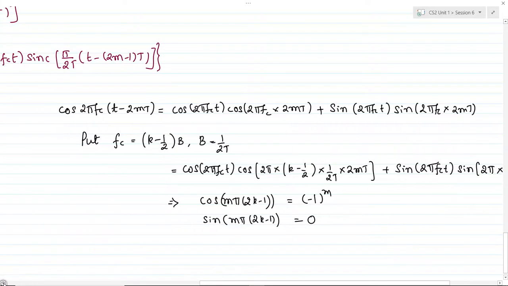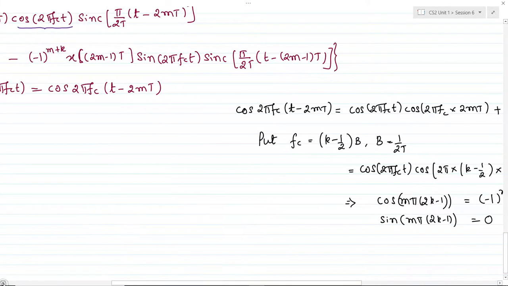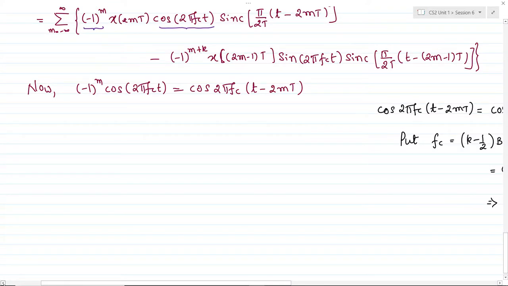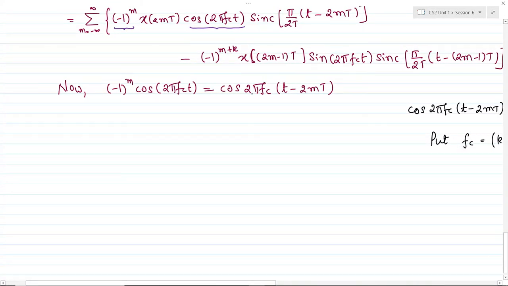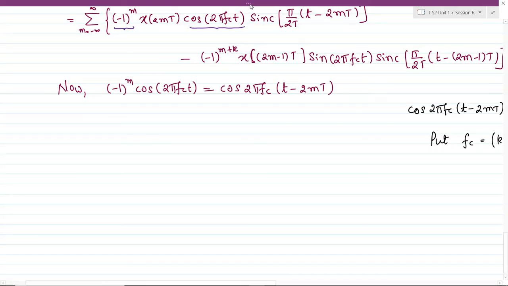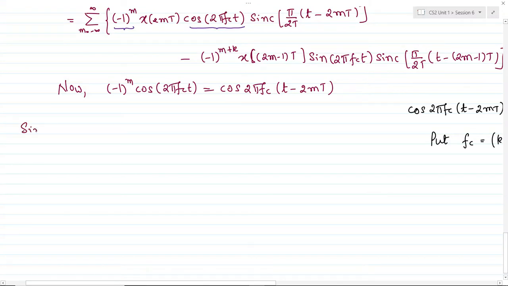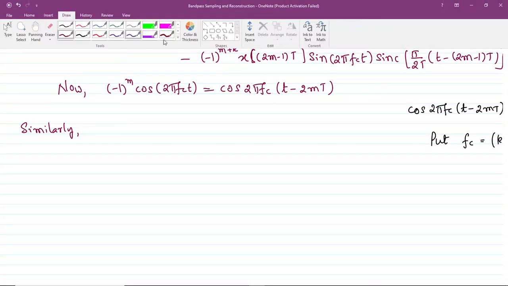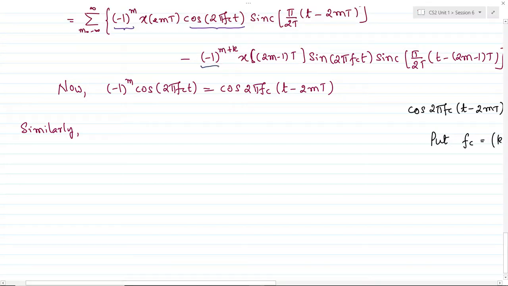Similarly, we can club these two parts of the equation, minus 1 per m plus k times sine of 2 pi fct, and replace this with cos of 2 pi fc times t minus 2m minus 1 times t. You can verify this yourself based on the expansion of cos a minus b again. This is similar to the previous part that I proved.